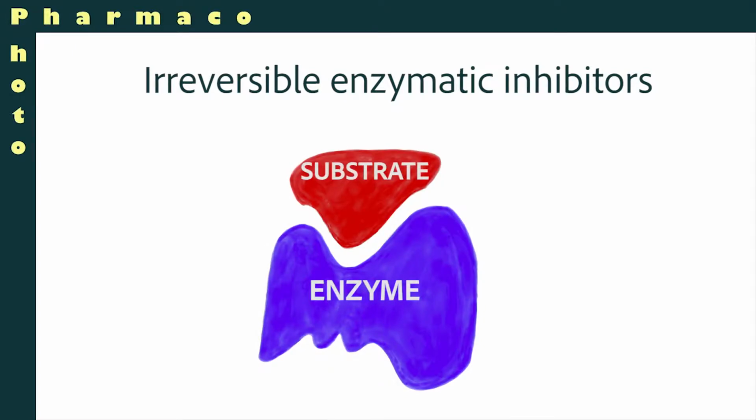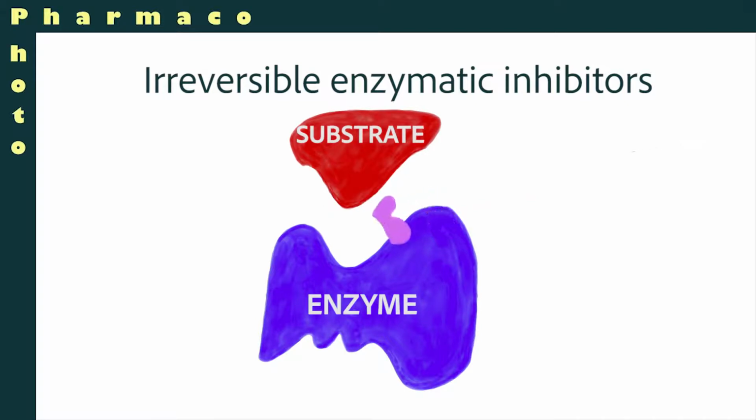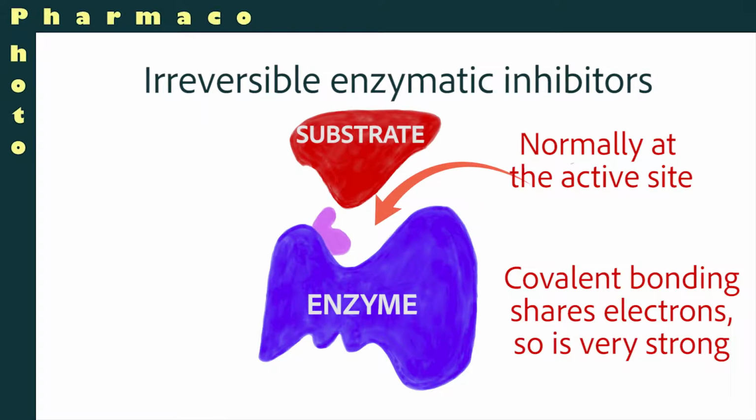If a person is given an irreversible inhibitor of an enzyme, the enzyme can no longer perform its function. An irreversible inhibitor inactivates an enzyme by binding normally covalently to the enzyme and normally at the active site. And you may be thinking right now, what are we going to do without that enzyme?